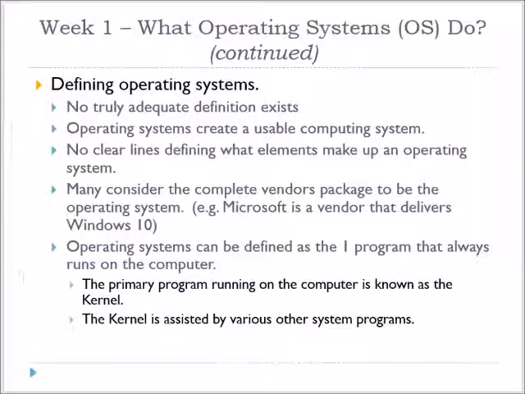There are many different vendor packages that deliver many different operating systems. There are commercial products such as Microsoft. They deliver Windows 10. They also deliver Server 2012, Server 2008, as well as a bunch of other smaller bundled operating systems. So Microsoft is a commercial operating system vendor.